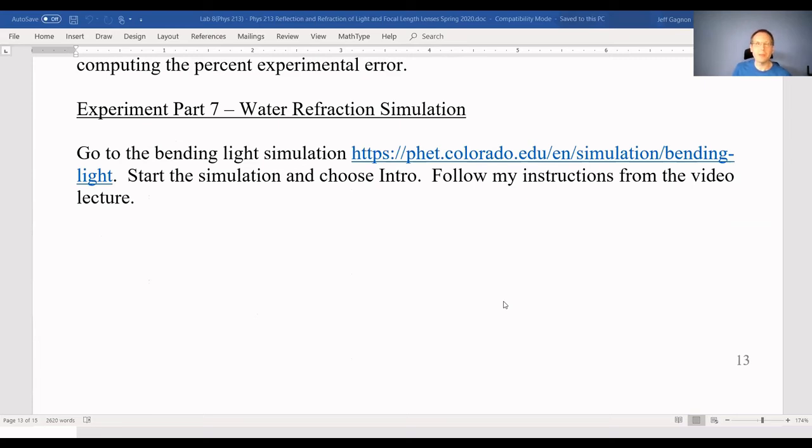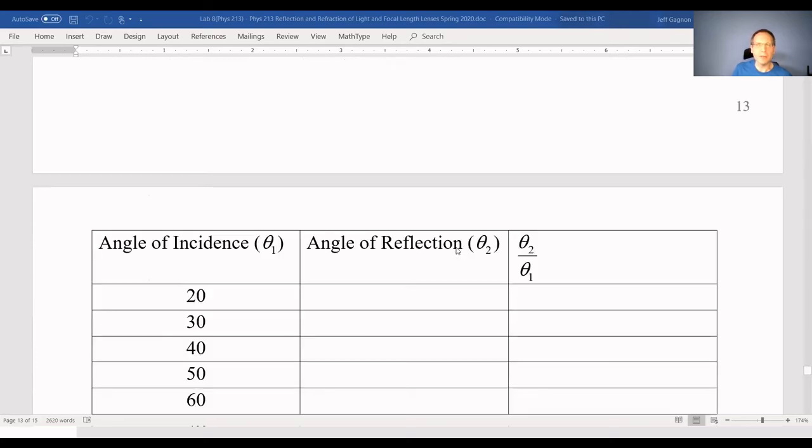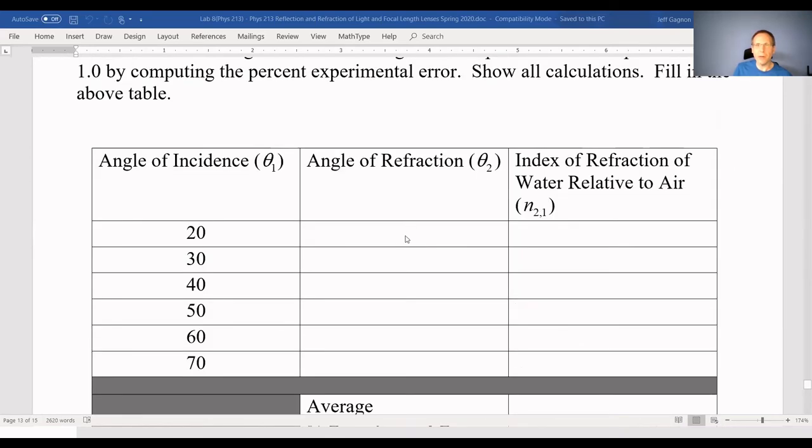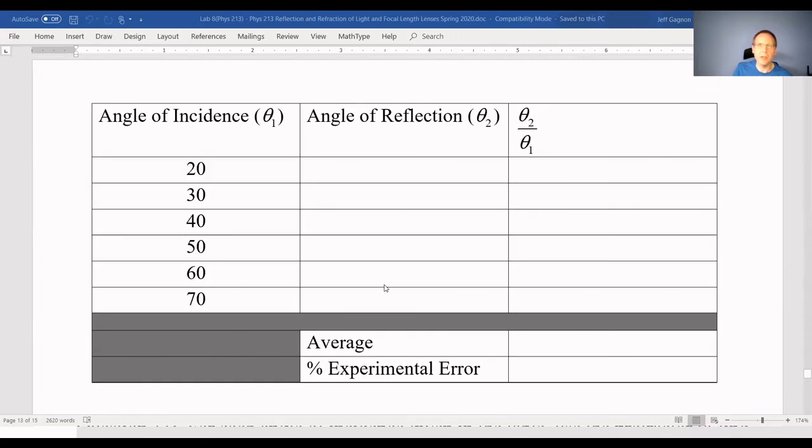So I figured we'll just do it through a simulation. So you're going to go to that simulation again, and given these 6 angles of incidence, you're going to measure the angle of reflection and the angle of refraction. Okay, so let me show you how to do that.